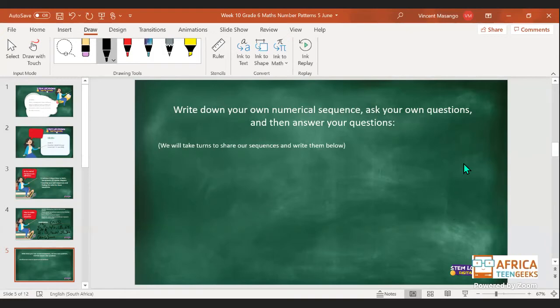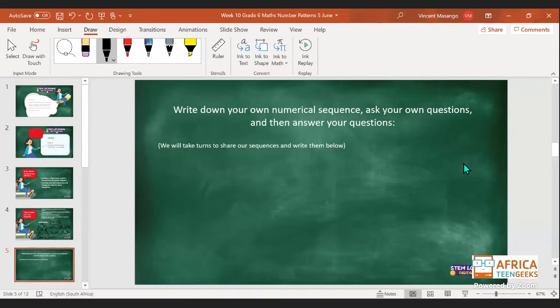Okay, so I need you to first make sure that you've got a sequence with at least 4 terms. As soon as you've got a sequence with 4 terms, make sure you've written your own questions, you've answered your questions, and then you can give me a green in the chat.